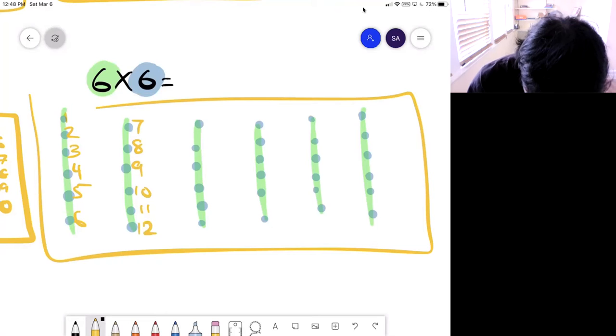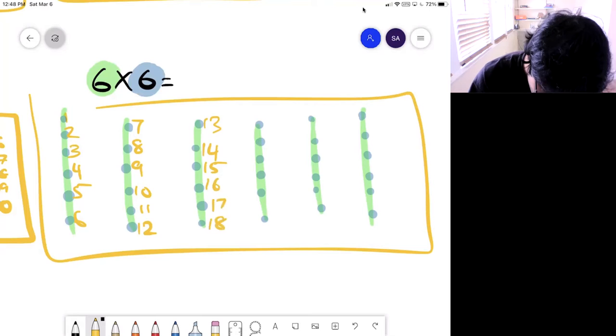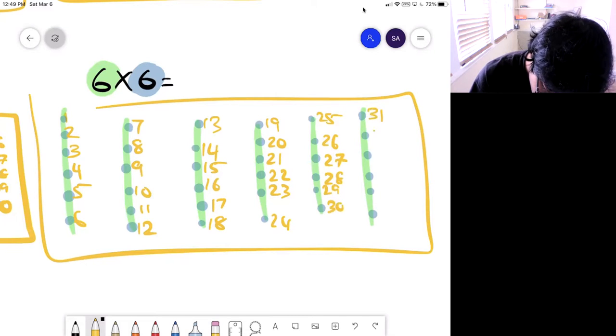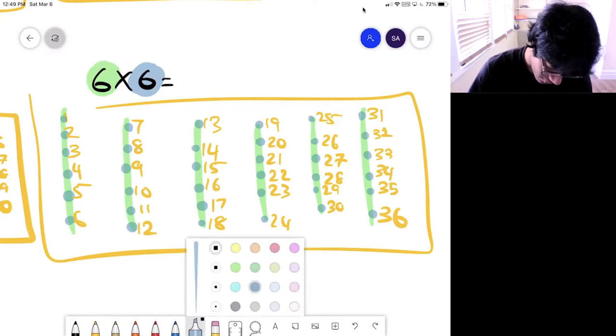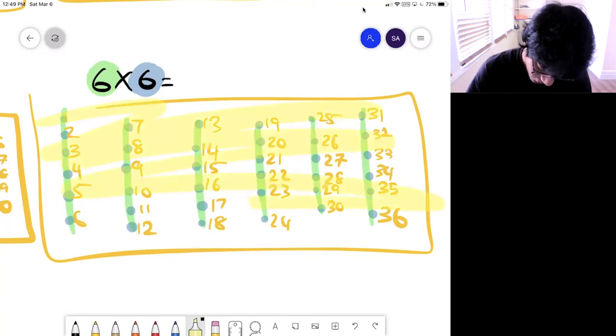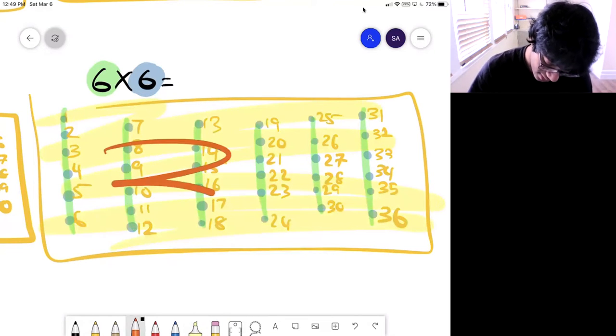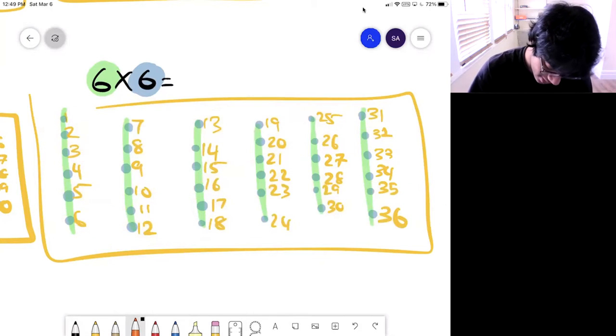Wow. 13, 14, 15, 16, 17, 18, 19, 20, 21, 22, 23, 24, 25, 26, 27, 28, 29, 30, 31, 32, 33, 34, 35, and 36. So there's how many dots in this whole shebang? Well, there's 36 dots. So we can write that 6 times 6 is 36.